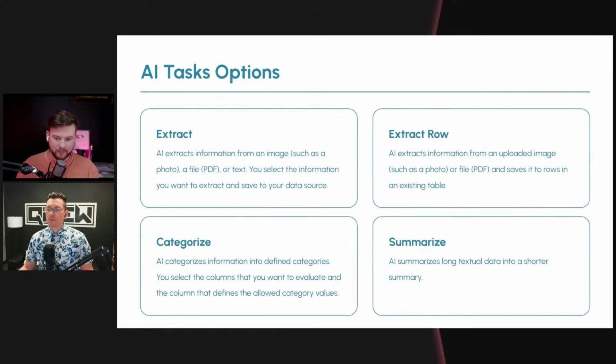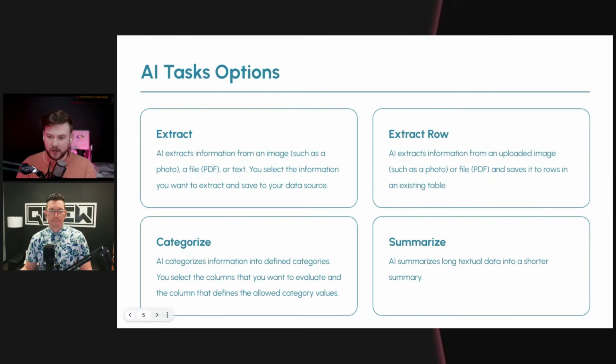And extract and extract rows is part of the AI task suite of Google, putting Google's Gemini into AppSheet natively, no code, easy to set up. We were able to show you how easy it was to set up 2 weeks ago. But this week we're going to cover categorize and summarize as well. Super excited about those two.